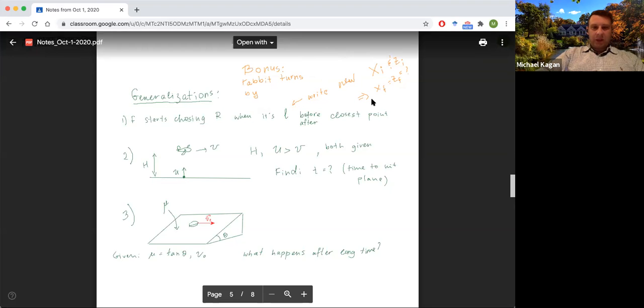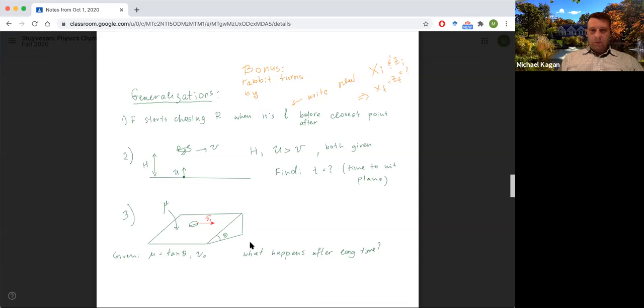Okay, then tell me, folks, what does it mean that mu equals tangent theta? What's so special about it? Yeah, you can say that it doesn't immediately ring a bell, then we'll talk about it.